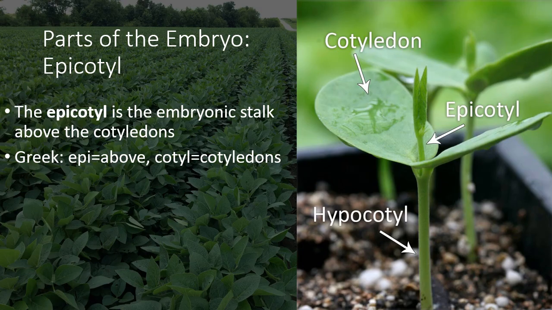Okay, and epi means above, cotyl is a reference to cotyledons. You could think about epinephrine, which is the same thing as adrenaline. Epi means on top of. Nephron is Greek for kidney. So epinephron means on top of your kidney because that's where your adrenal glands are that produce the hormone adrenaline or epinephrine. So epi is above, cotyl is cotyledon.